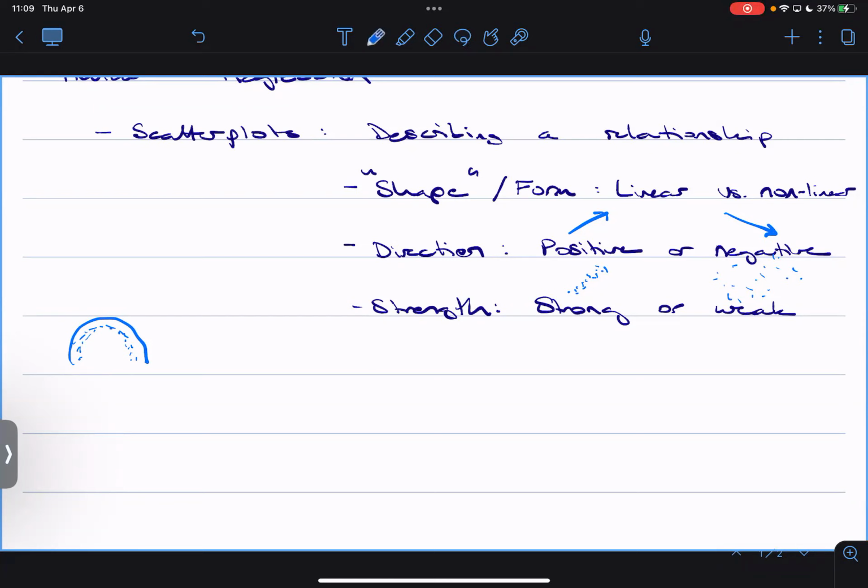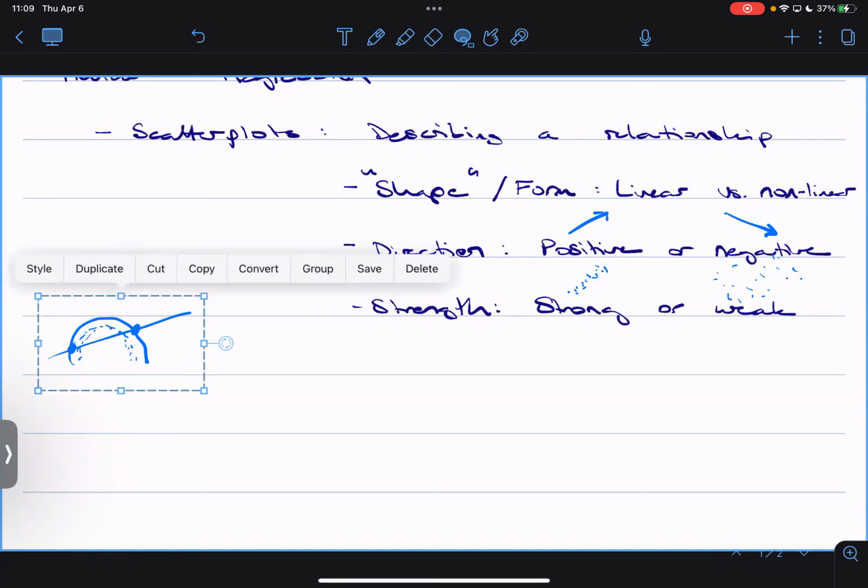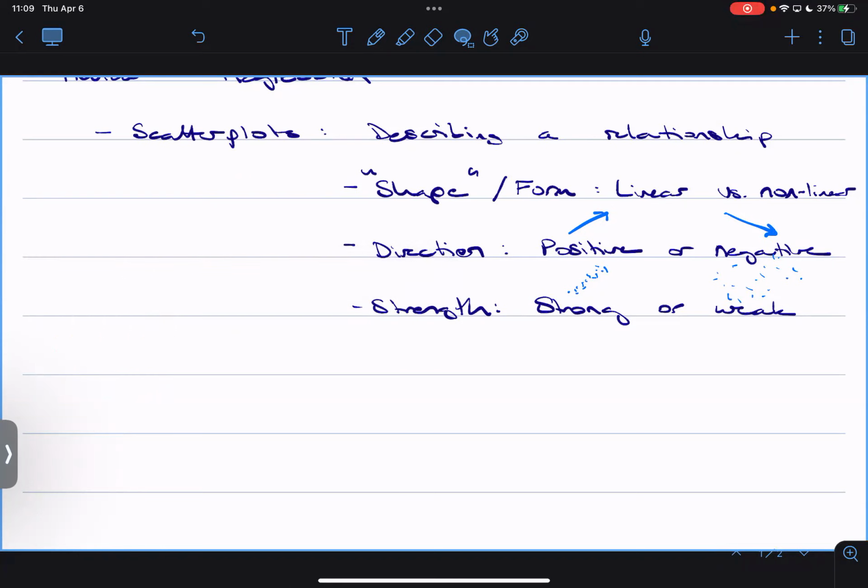Because if we fit a line to this, it would look like this. And it would do an excellent job here and an excellent job here and just a terrible job everywhere else. So there are techniques where you can transform the data and make it a line, if you can pull that off. But we're not going to deal with it in this course.